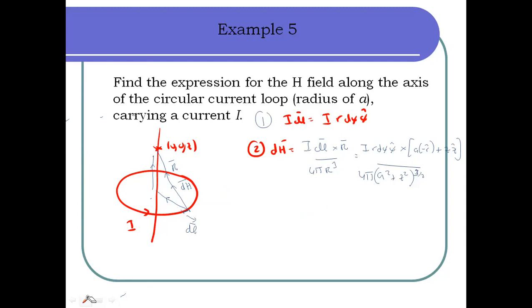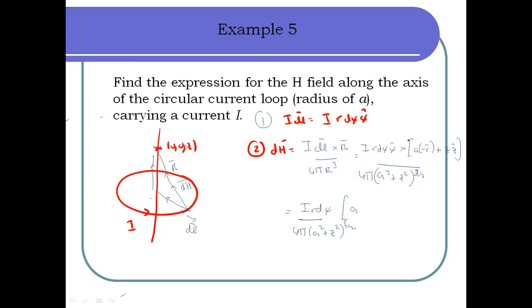Okay, so we're going to have it as I R d phi over 4 pi, A squared plus z squared to the power of 3 over 2. So this cross product will give us phi cross negative r. So phi cross negative r basically will give us negative z.